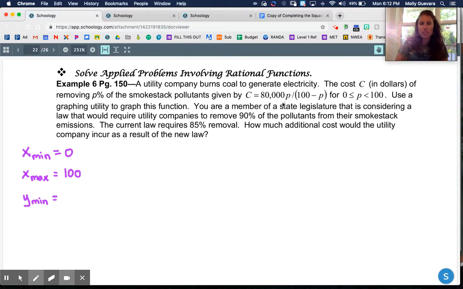So if I plug in 0, if I take out no pollutants at all, I get 0 on the top of the fraction, so the smallest cost, we should say, is 80,000.